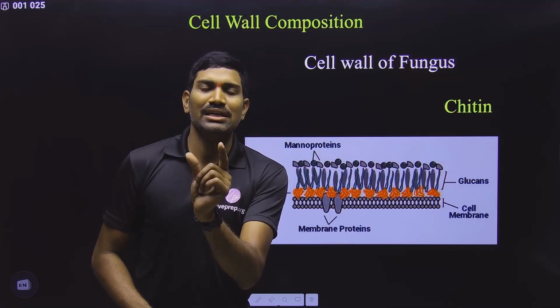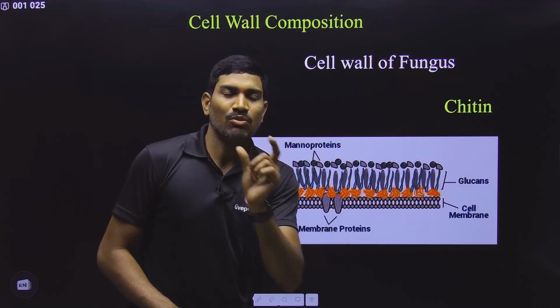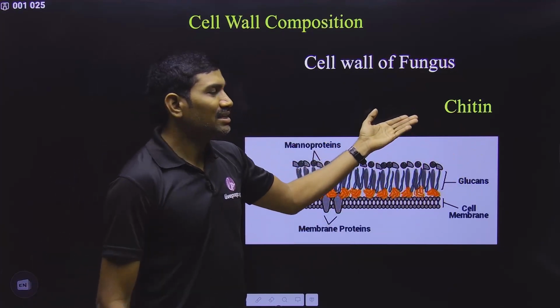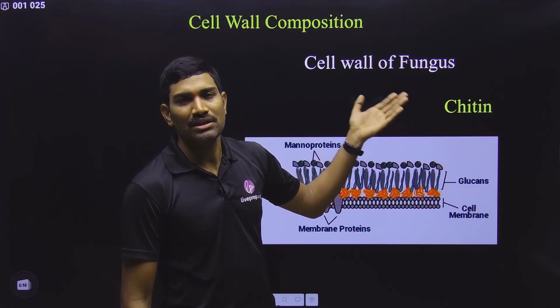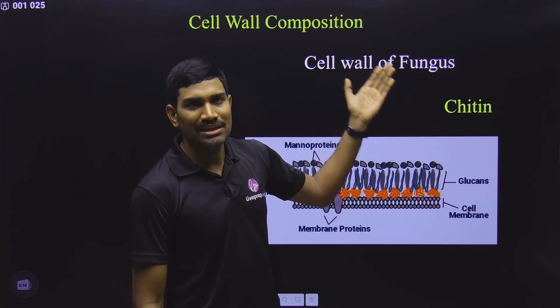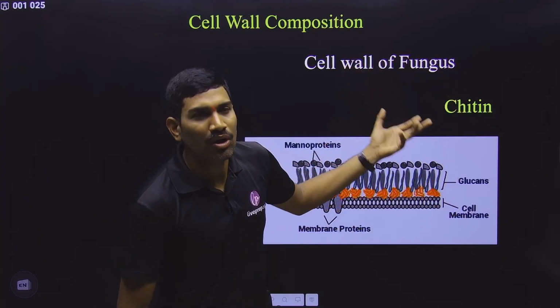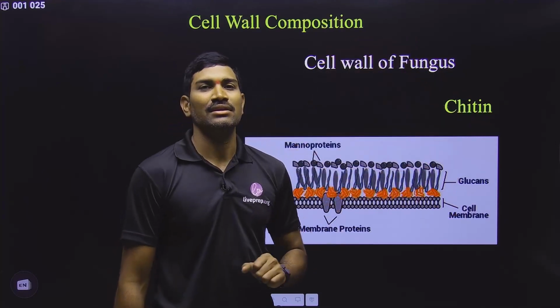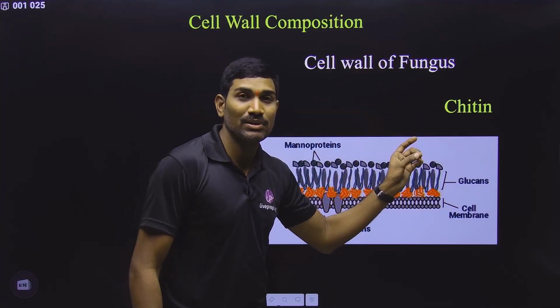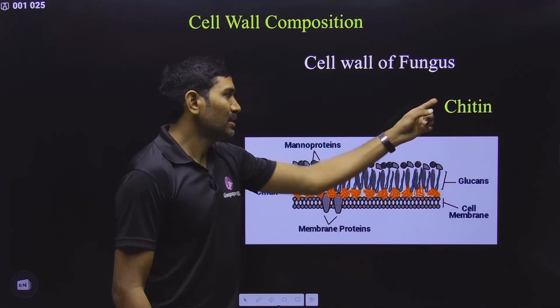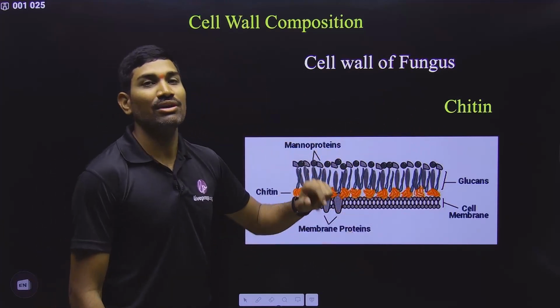One single unit is repeated several times. So what is the name of that single unit? It is N-acetyl glucosamine. Yes or no? N-acetyl glucosamine is repeated for several number of times, so that it is forming a homopolysaccharide called chitin. So please remember, it is a carbohydrate. Clear? And this is the major component of fungal cell wall.